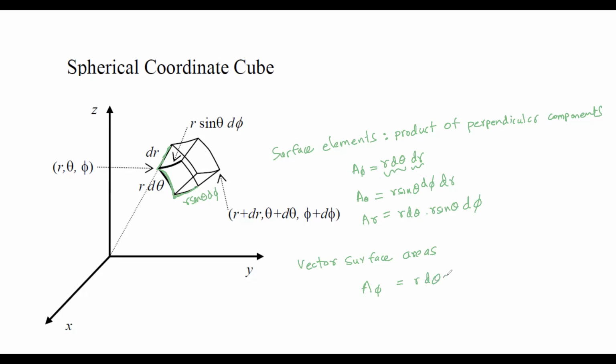So r d theta dr into phi hat, right? And then a theta is the a theta vector. A theta vector is given by the a theta into its normal vector. So a theta into its normal vector is theta hat. So r sine theta d phi dr into theta hat. So ar vector will be r d theta r sine theta d phi into r hat.